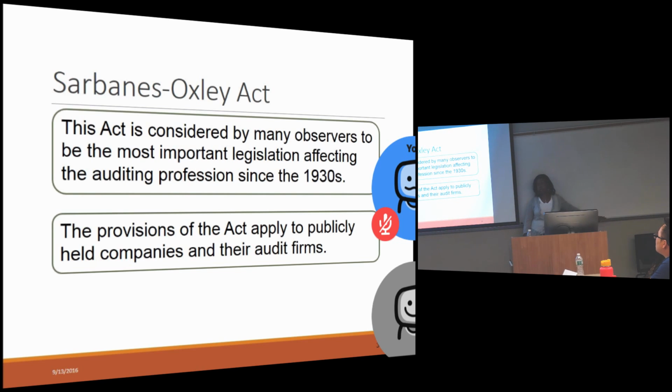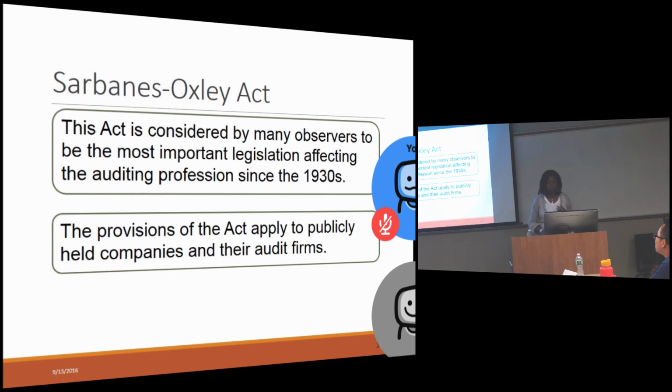I'm not going to go into a lot of detail, but basically the PCAOB audits the auditors, and if you're one of the larger public accounting firms, the PCAOB is always there.